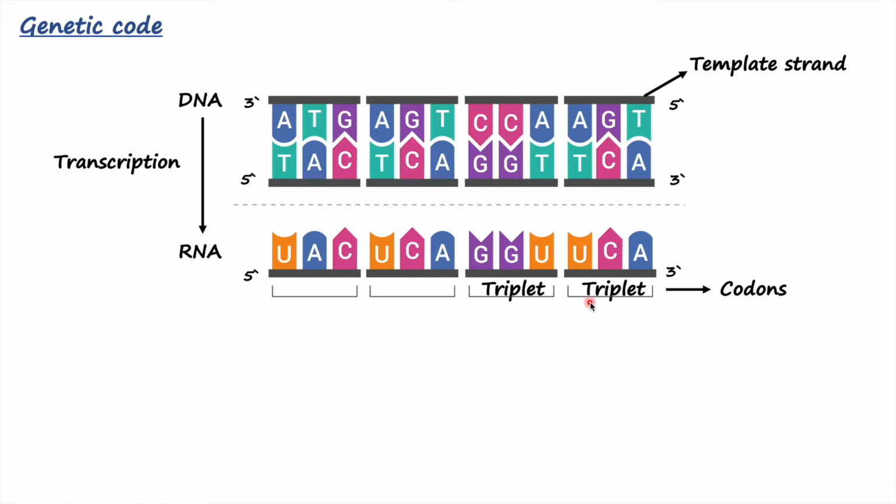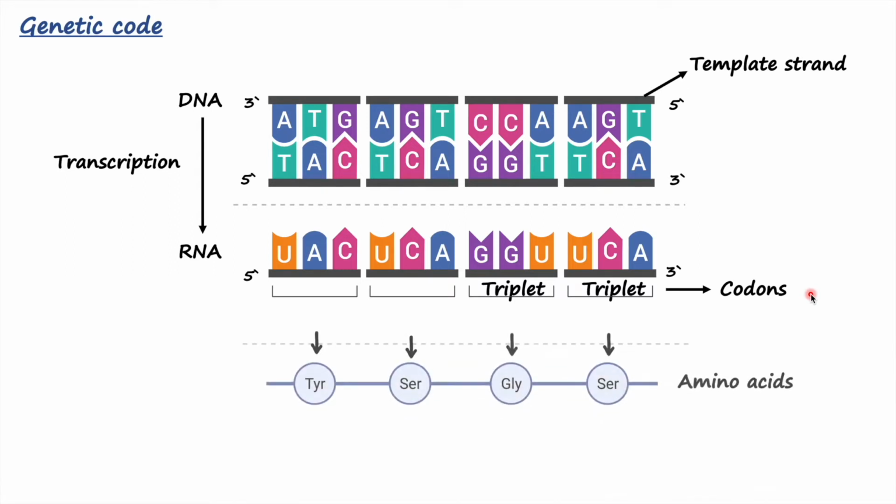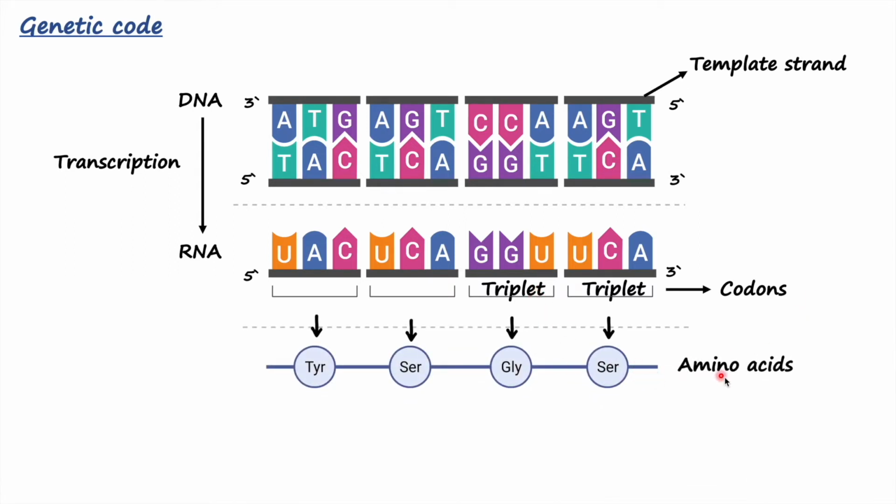These groups of triplets are eventually called codons, and then these codons are translated into amino acids. So these are the amino acid sequence.